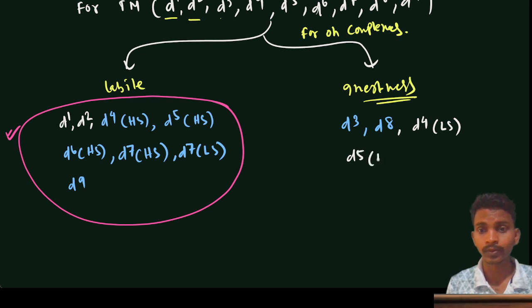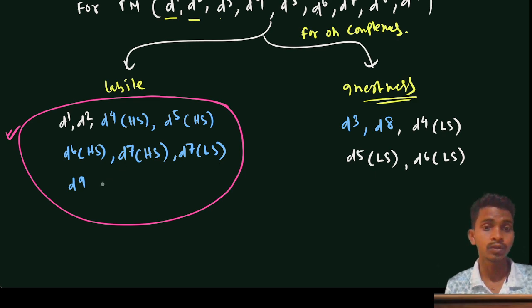Similarly d5 low spin, and d6 low spin, and then d7 low spin and d7 high spin both enter the eg orbitals, so labile. And for d9, electrons always enter; there is no concept of low spin and high spin. So these are the labile ones, and these will give the inerts.